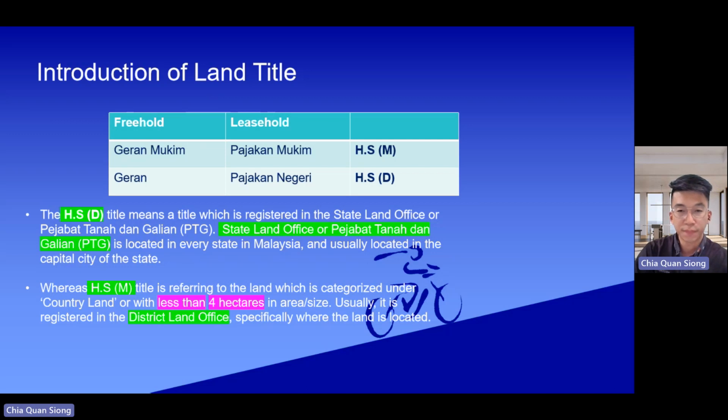The State Land Office is located in every state of Malaysia and usually located in the capital city of the state. And HSM title refers to land categorized as country land, or less than 4 hectares in area or size, which is usually registered in the district land office.